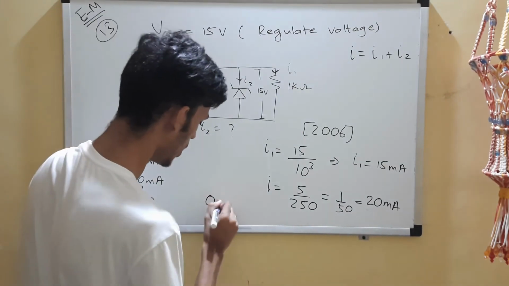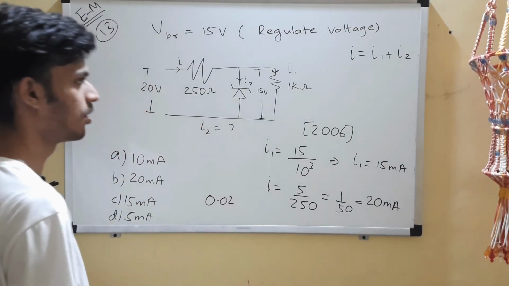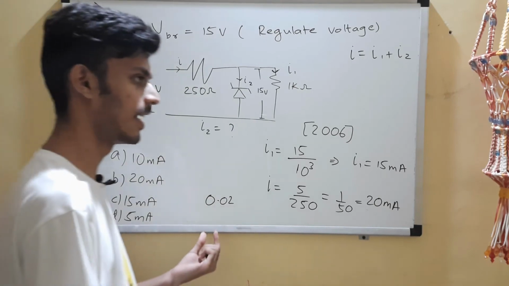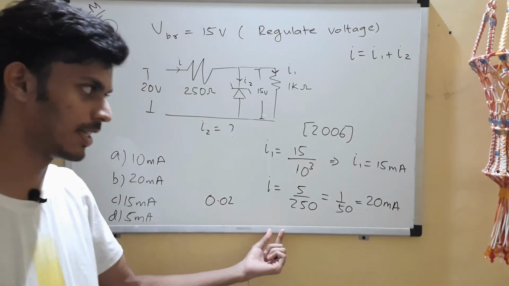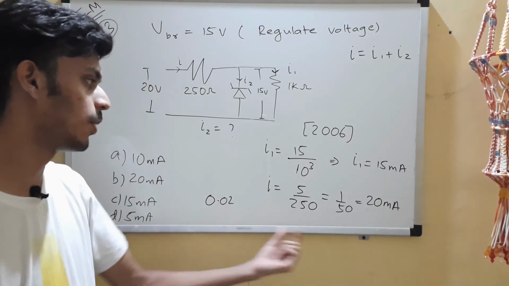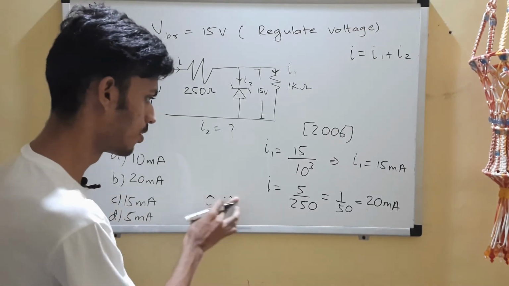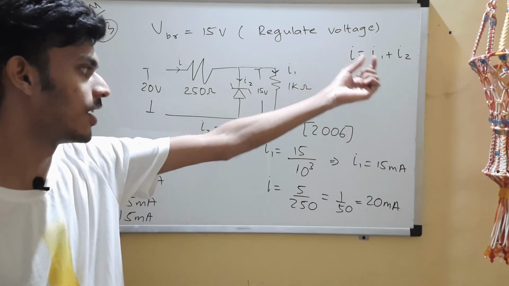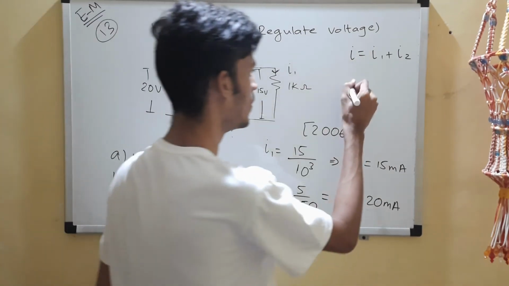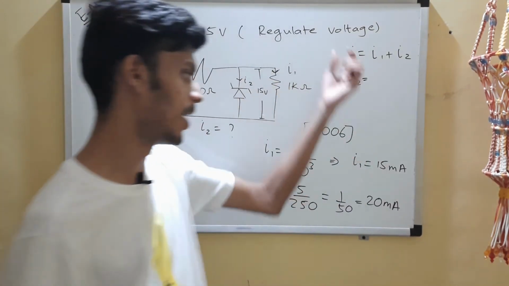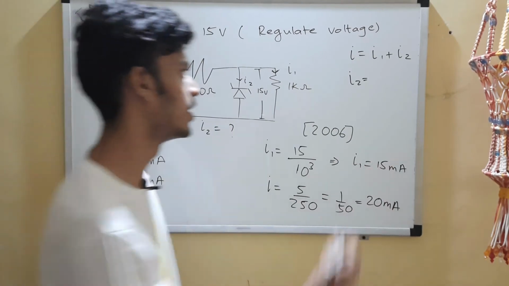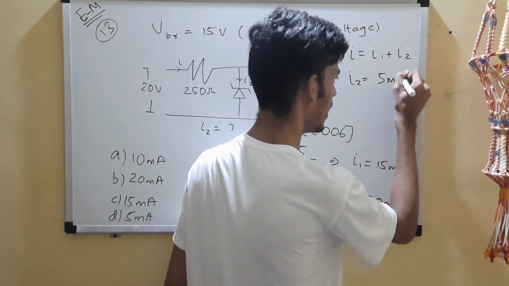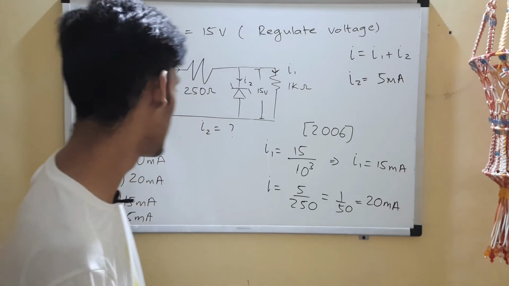This will be 0.02, which is 2 into 10 to the power minus 2, and I can write it as 20 into 10 to the power minus 3 amperes. So the total current is 20 milliamperes. I1 is 15 milliamperes, so I2 will be nothing but I minus I1, which is 5 milliamperes. So that is your answer.